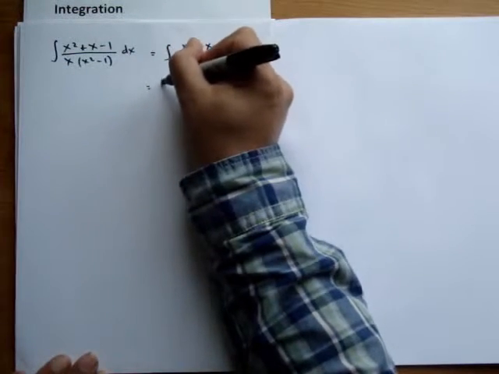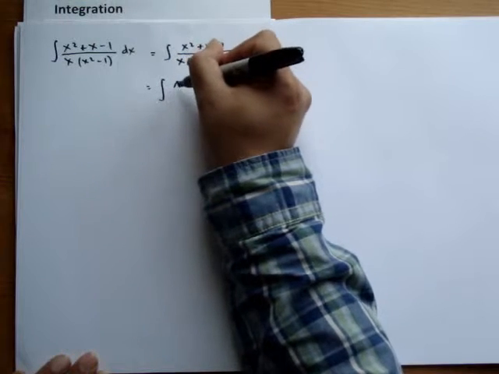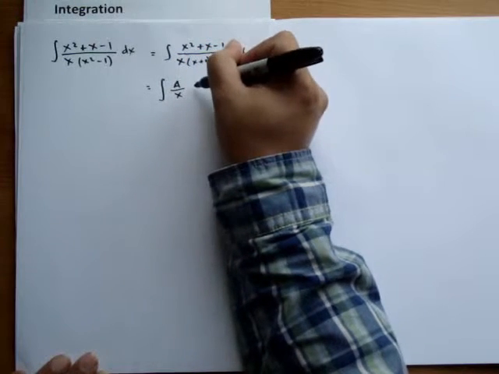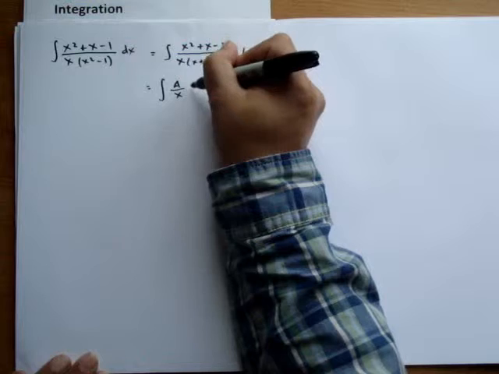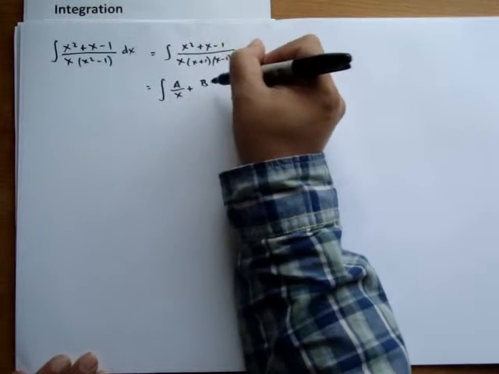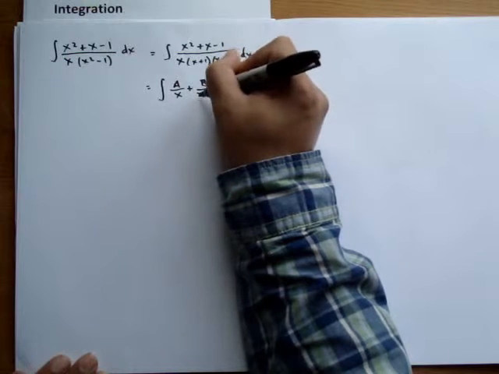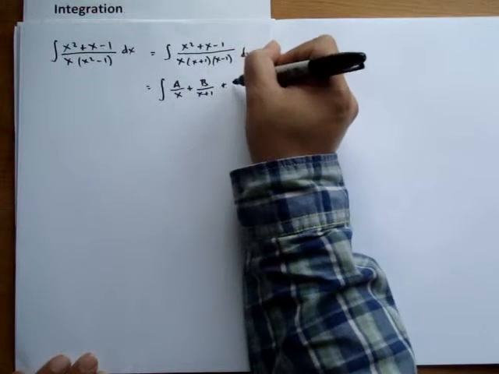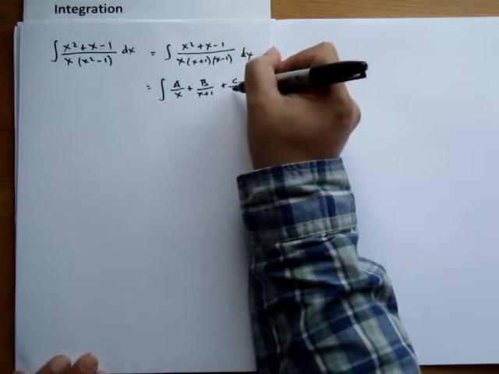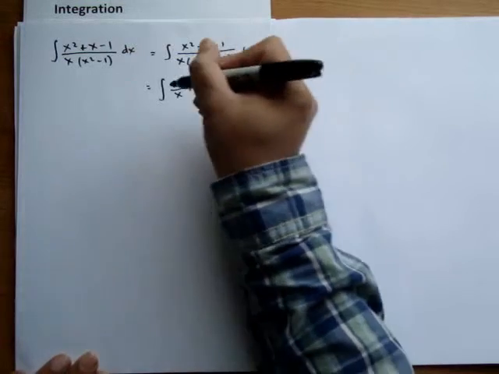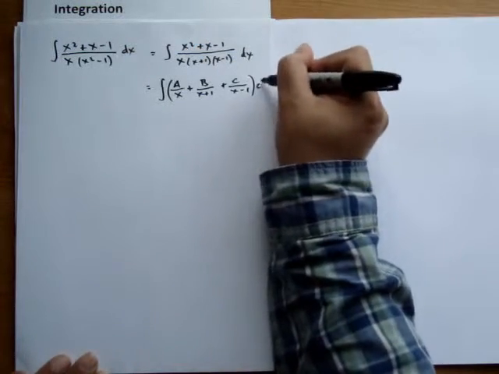This then becomes the integral of a over x plus b over x plus 1 plus c over x minus 1, dx.